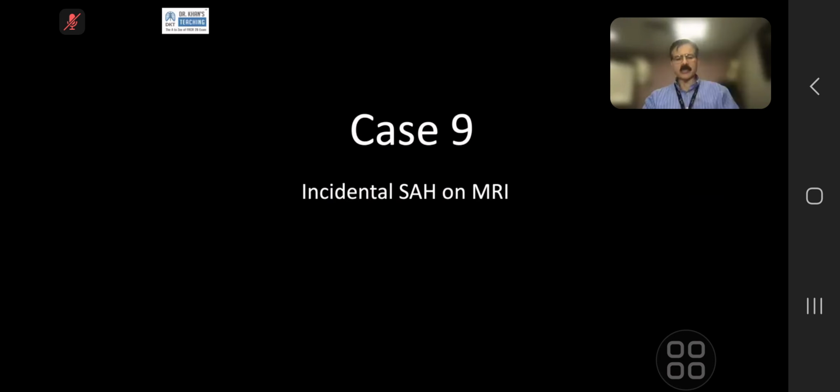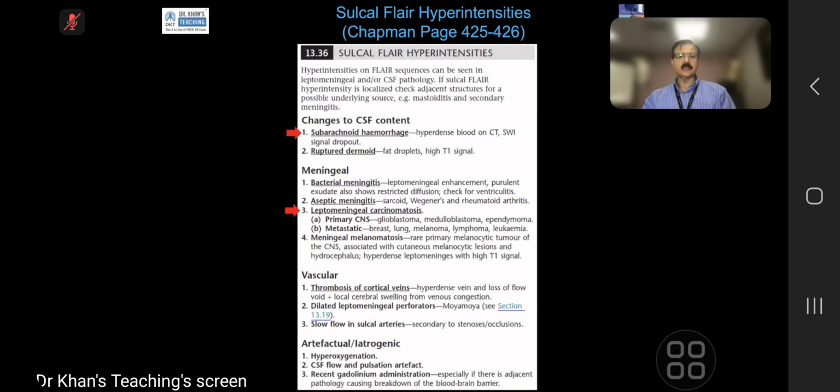So, incidental subarachnoid hemorrhage on MRI. The key thing is that there is a differential diagnosis which is very important for your exam: sulcal FLAIR hyperintensities. This is where the viva will start, or the first sequence shown to you will be a FLAIR.